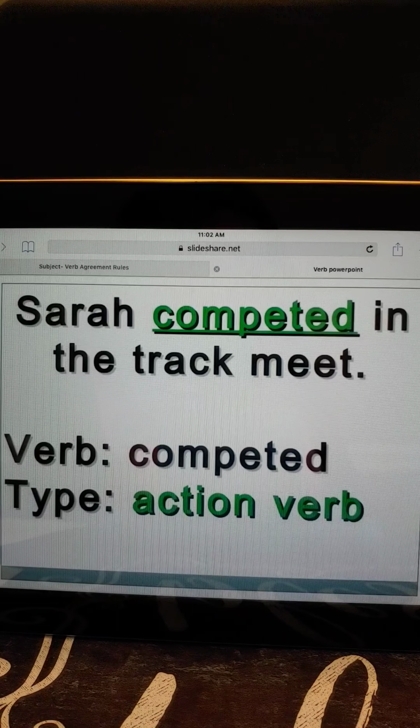Yeah, helping verb, because I don't see anything that shows an actual action, but I remember that "was" was one that Miss Jones discussed. So I'm going to underline "was." Louis Pasteur was from Dole, France. Okay. Then you're going to ask yourself, is this an action? Can I "was"? No, you can't "was." So you don't put an A there because that's not an action verb.